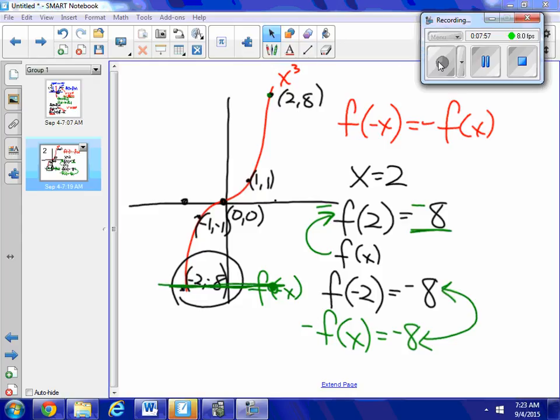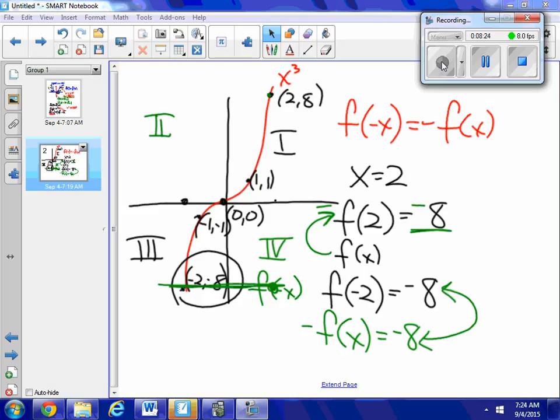This takes a little bit of thinking about. But when you have this situation, then every point in quadrant 1 is reflected over here in quadrant 3. Or every point in the function that is in quadrant 2 is going to be reflected in quadrant 4.